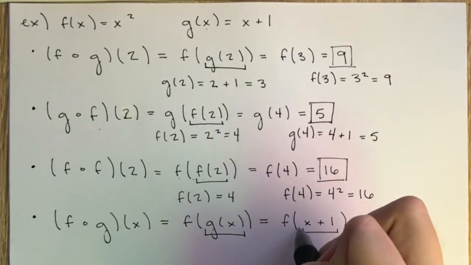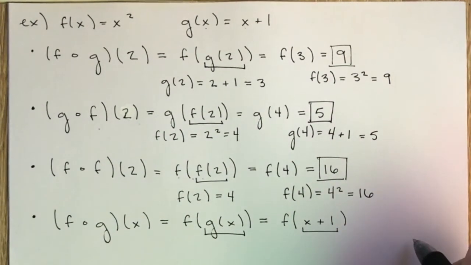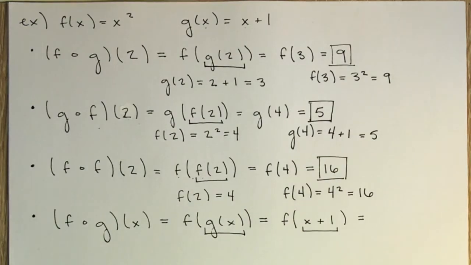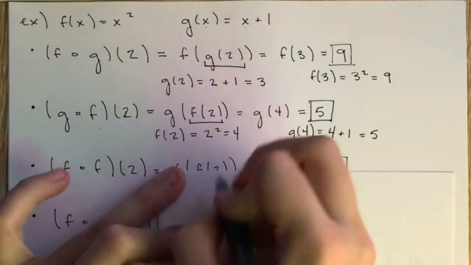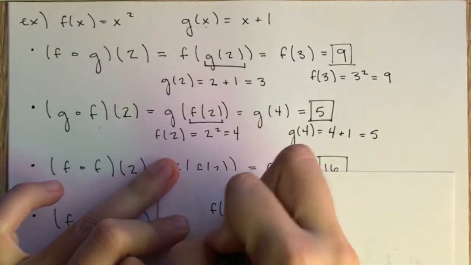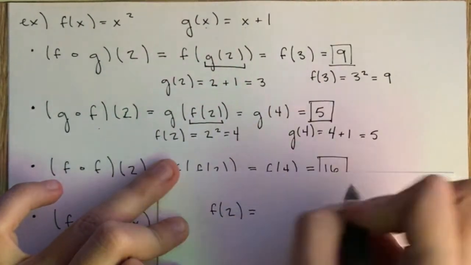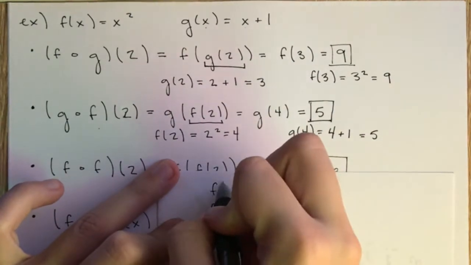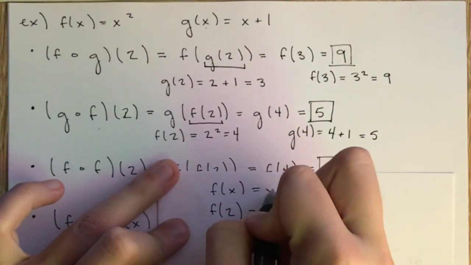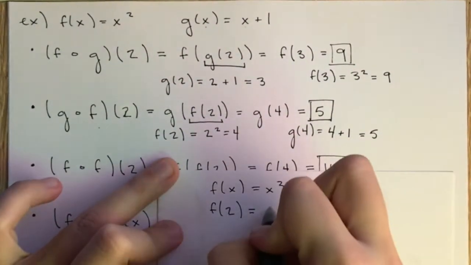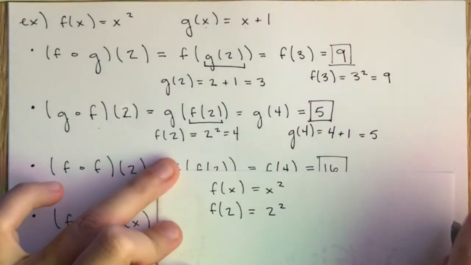Now, what is f of x plus 1? This is interesting because it's not a single number. So what are we going to do here? Well, we know that if I had asked you to find f of 2, we did that a couple of times. We know that because f of x is x squared, then f of 2 is just 2 squared.